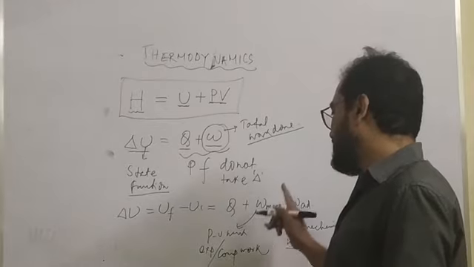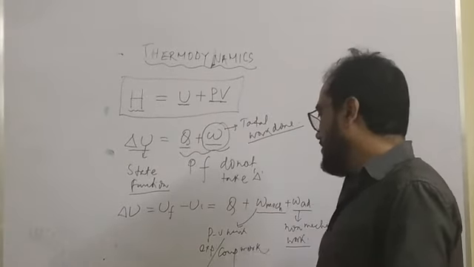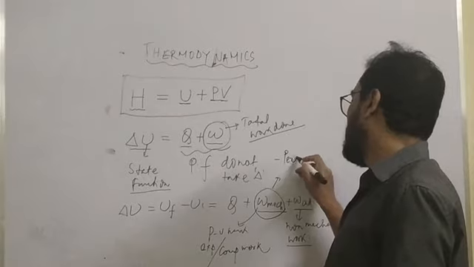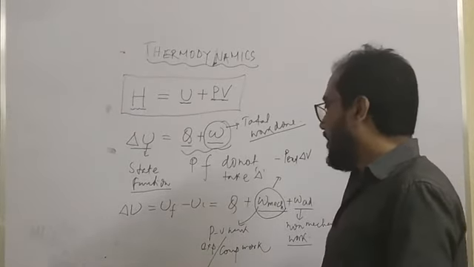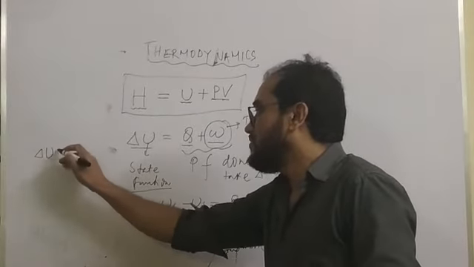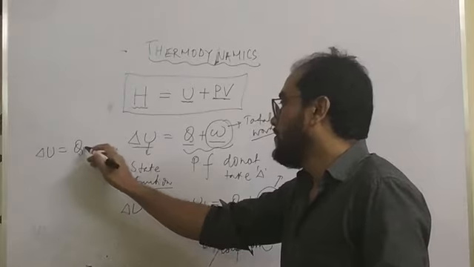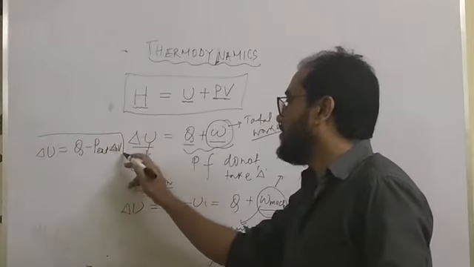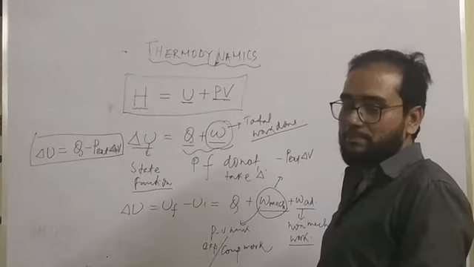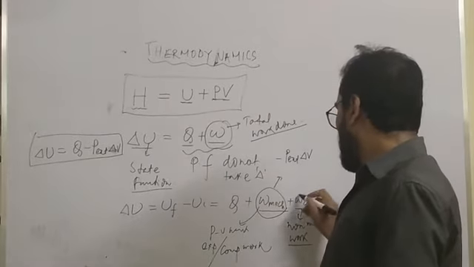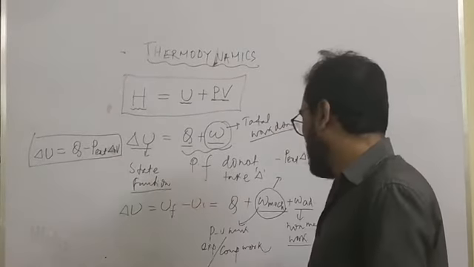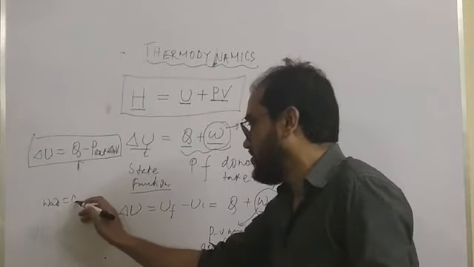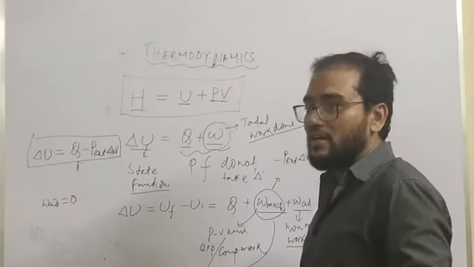So now, if a system does only mechanical work done, then we replace W mechanical with minus P external into delta V. So our first law becomes delta U equals Q minus P external into delta V. The restriction we put is that the system is doing only mechanical work, that is, W additional equals 0. The system is not doing any kind of additional work.